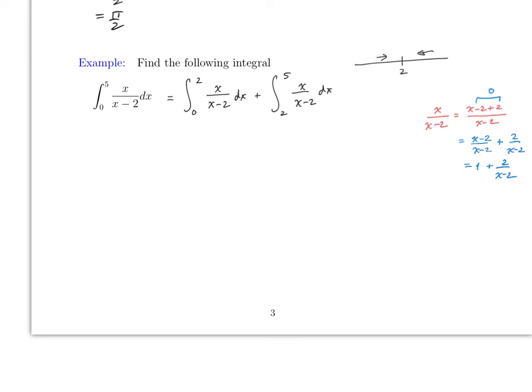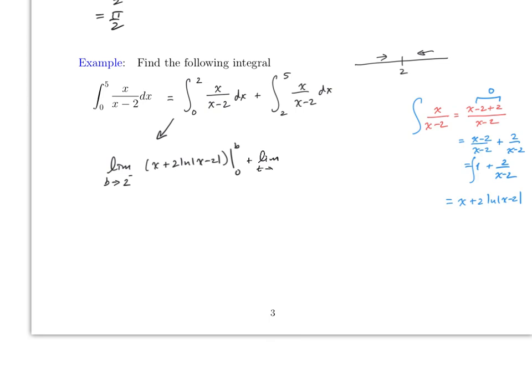So therefore the integral of this is x plus 2 ln of the absolute value of x minus 2. Okay. So therefore for this one, this will be the limit as b goes to 2 from the left side of x plus 2 ln of absolute value of x minus 2 from 0 to b, plus the limit, and you can use b again, but I'm just going to use a different letter.